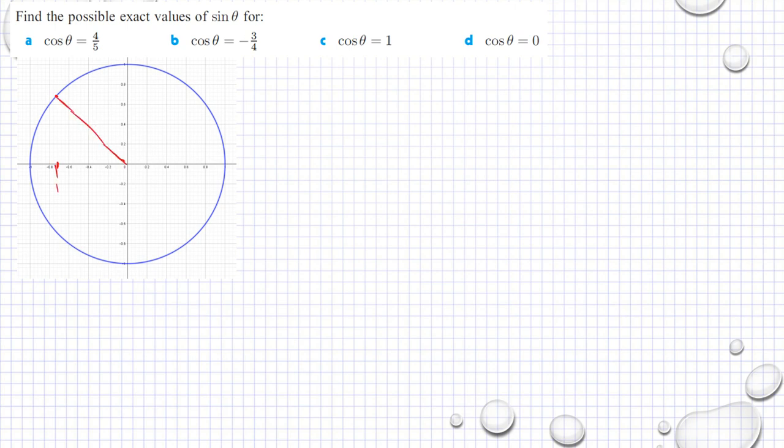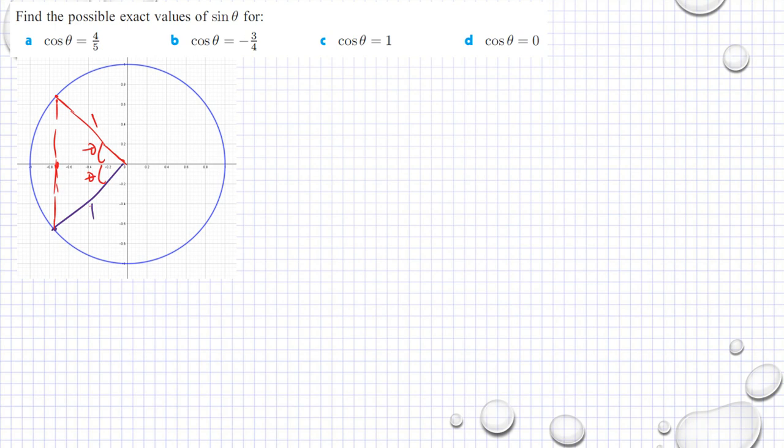And it should be here. That's it. So this is our theta, and this is also our theta. Okay, so this is a unit circle, so this is 1, this is 1, of course, you already know that.